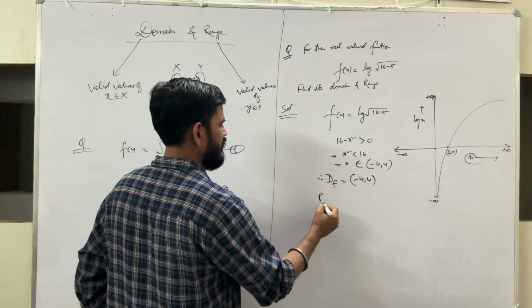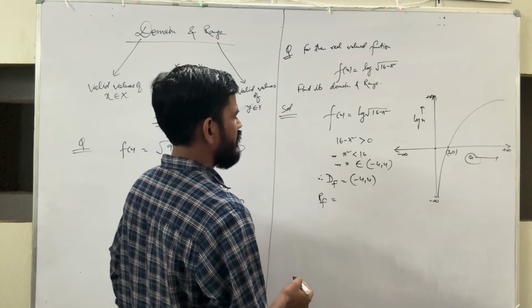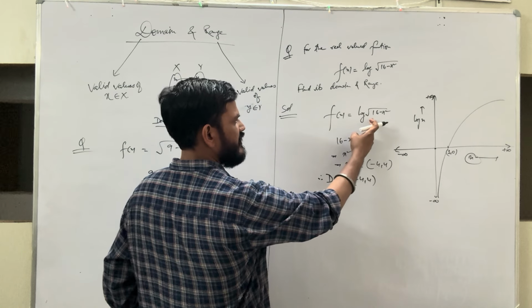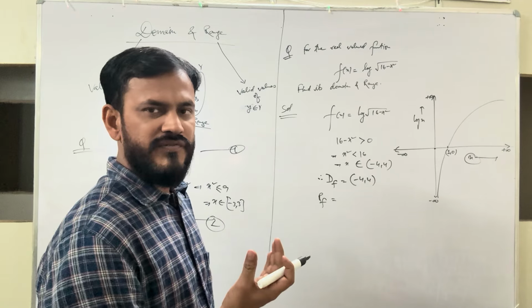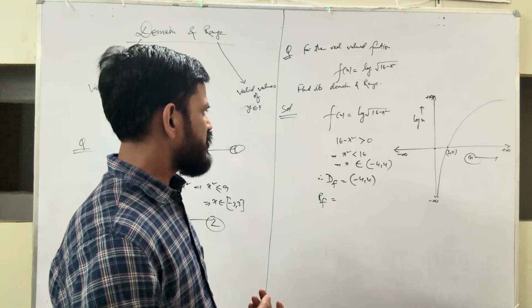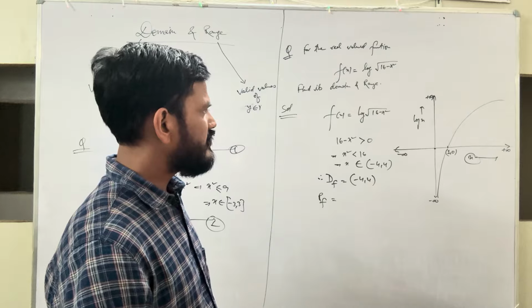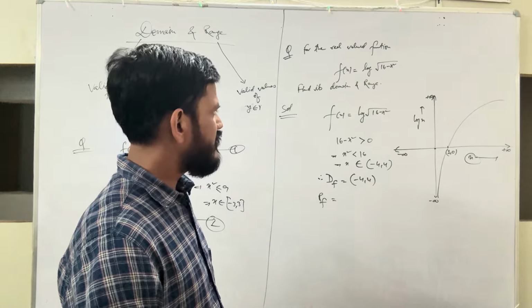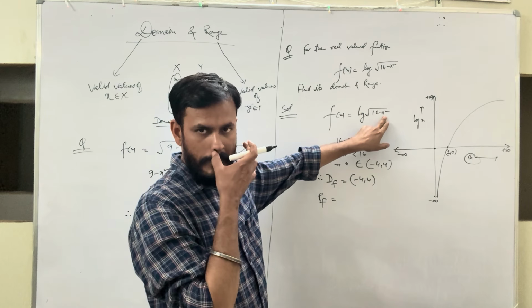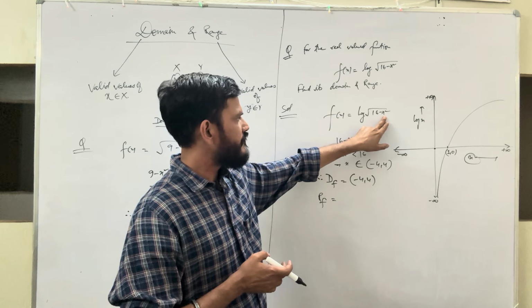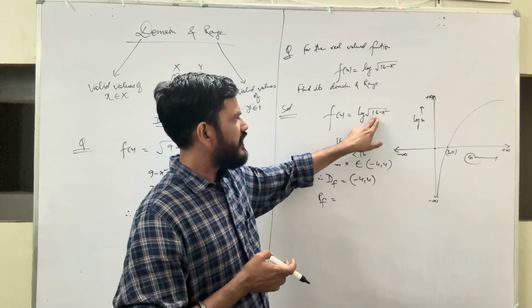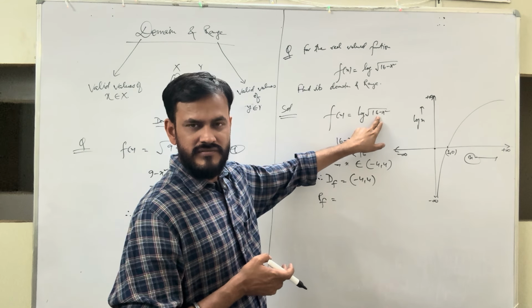Now what is the range of f? Range means what values the function can take. What is the minimum value and what is the maximum value. So you see, the maximum value the function may take is when x becomes 0. So when x becomes 0, it will be log of 16.